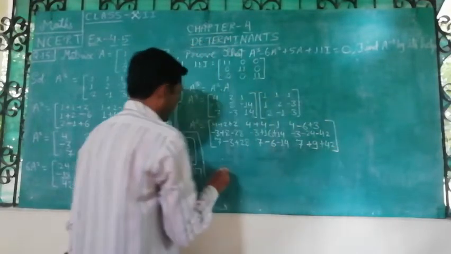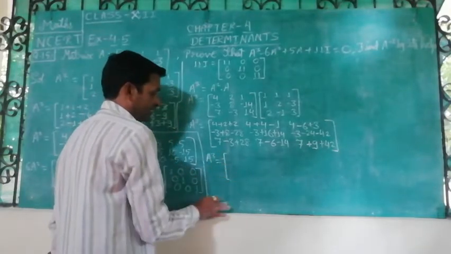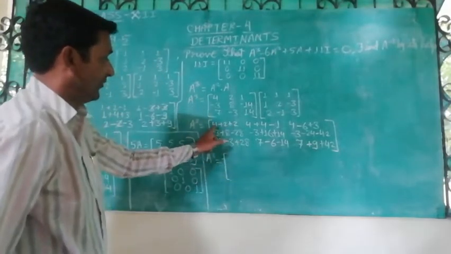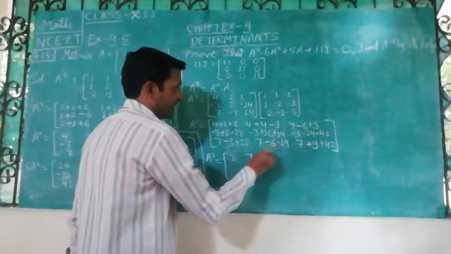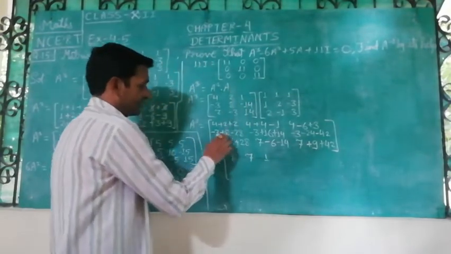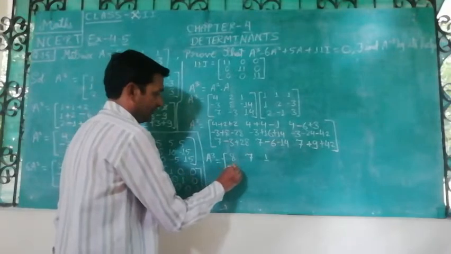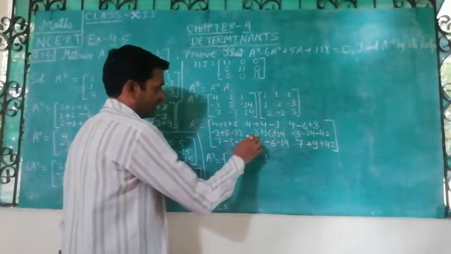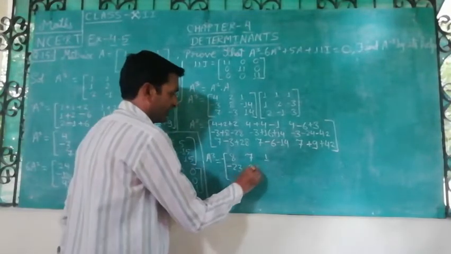So what is the value of A cube? A cube is equal to, we have to write all these elements by adding this. 4 plus 4 is 8, 8 minus 1 is 7, and 4 minus 6 is minus 2 plus 3 is plus 1. Now minus 8 minus 3 is 5, 5 minus 28 is minus 23. 16 minus 3 is 13, 13 and 14, 27.